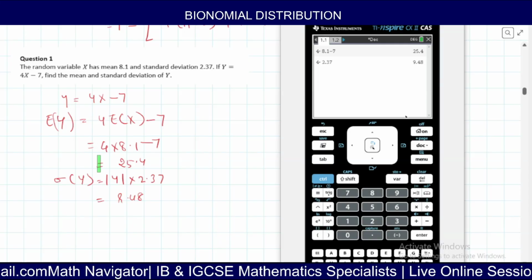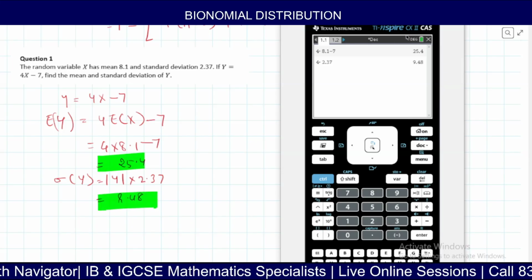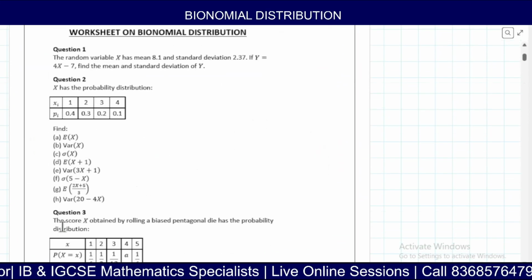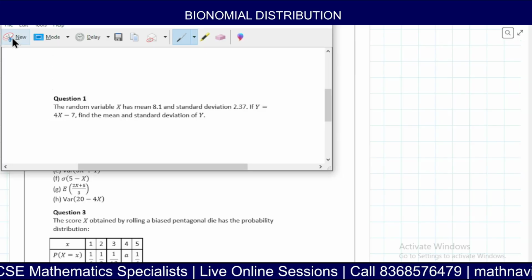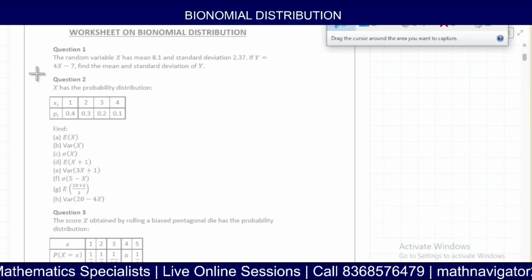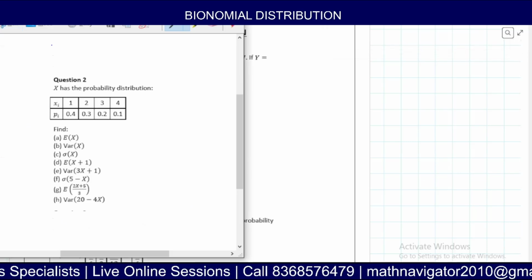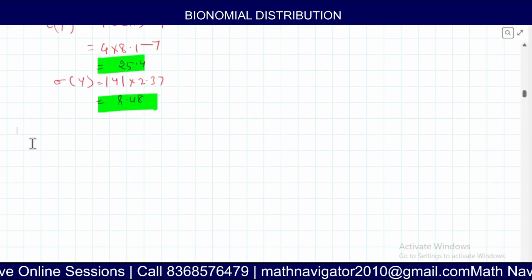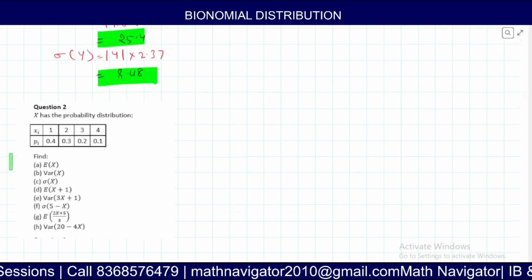Hope this is clear. Let's move to the next question. So this is my question. It is saying X has this probability distribution.